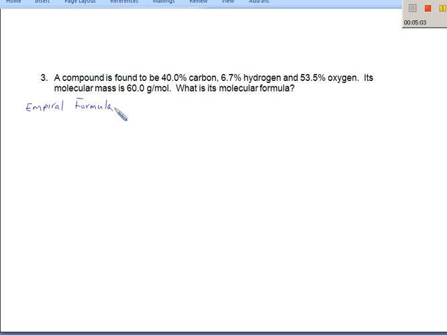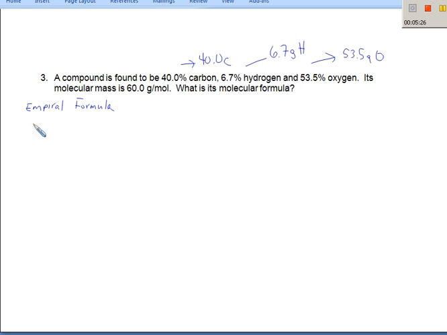So what this means is you're going to have to convert 40% carbon to 40 grams of carbon. This is going to be 6.7 grams of hydrogen, and this is going to be 53.5 grams of oxygen, and you're going to find the moles of each one.